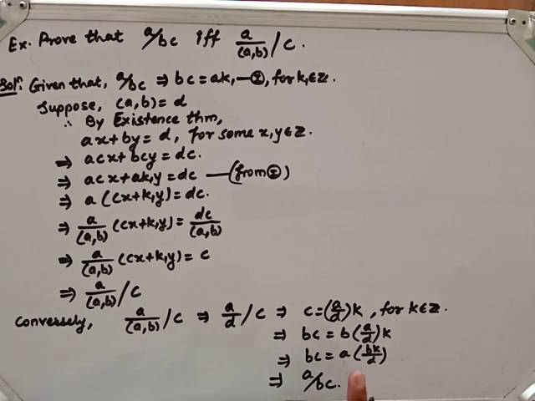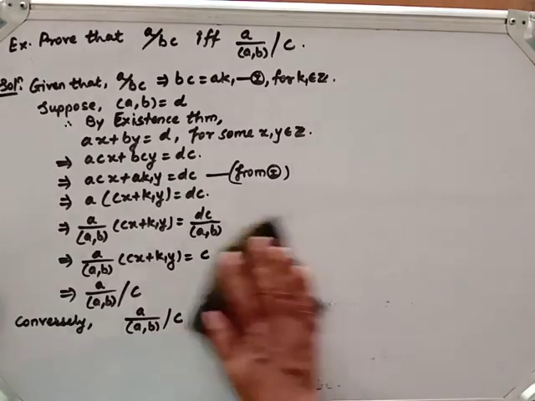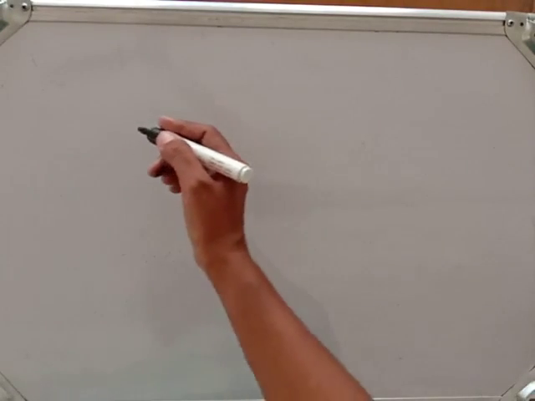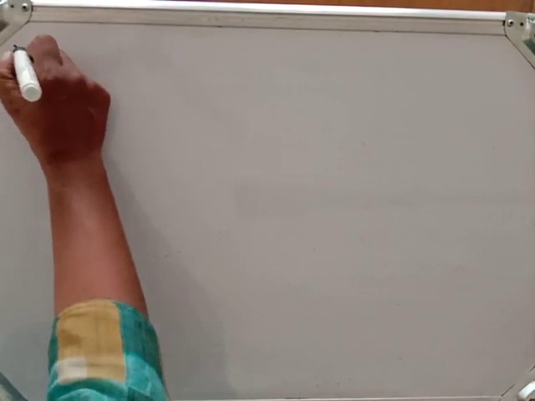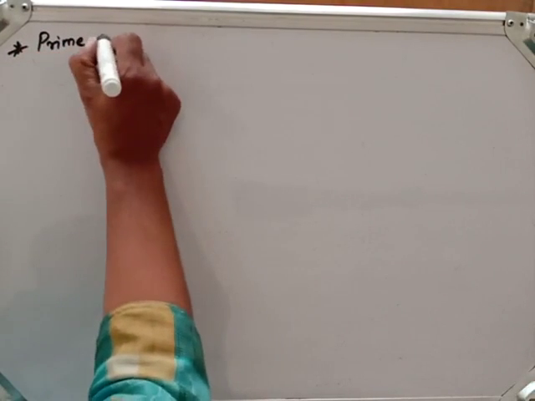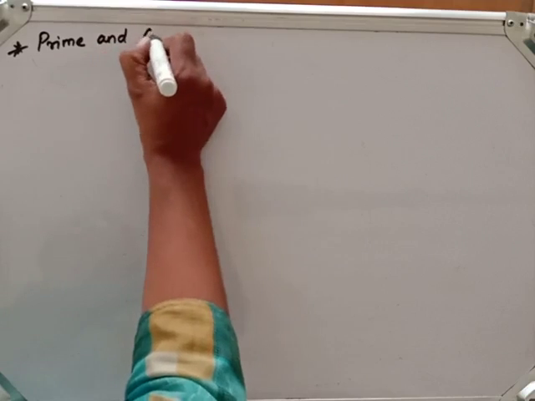Now let's go for the next part, the definitions of prime and composite integers. So the prime and composite integers, what are they? This is our new topic, prime and composite integers.